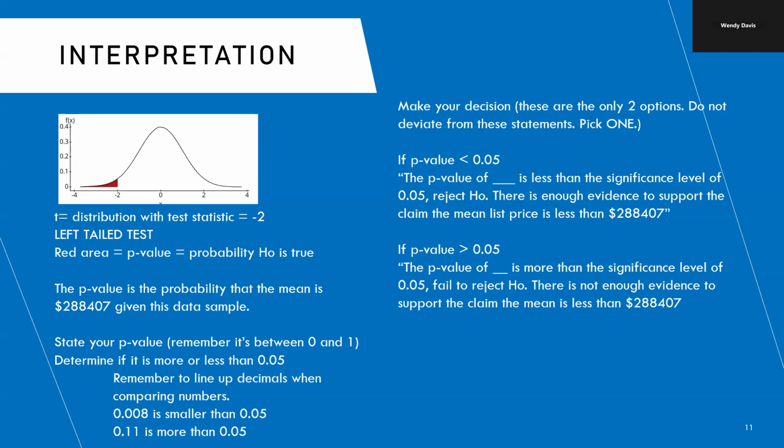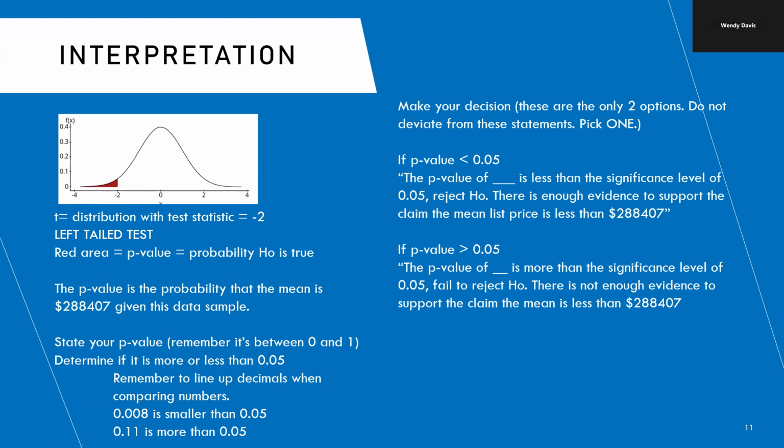So you don't have to draw a graph. All you do is you could just describe this. Because the test statistic was negative, it's on the left side of 0. Think about a number line. The p-value of a left-tailed test is the area below that test statistic. See how it's small?